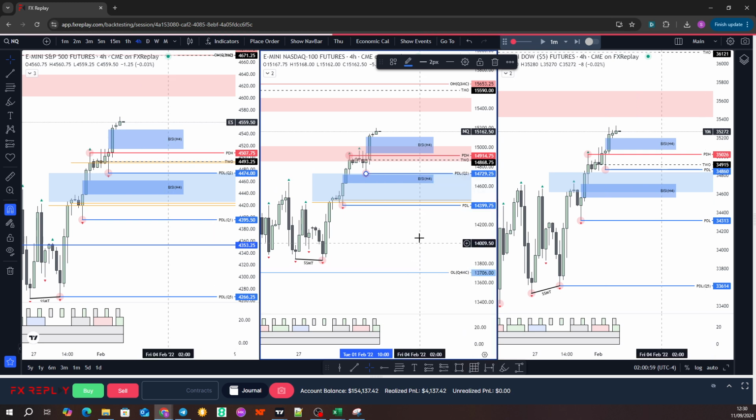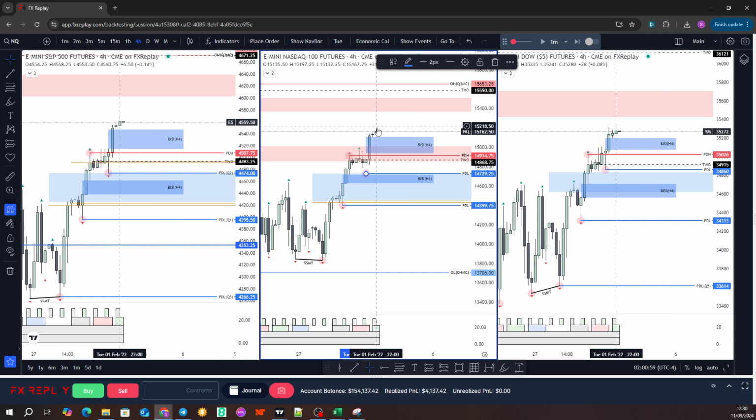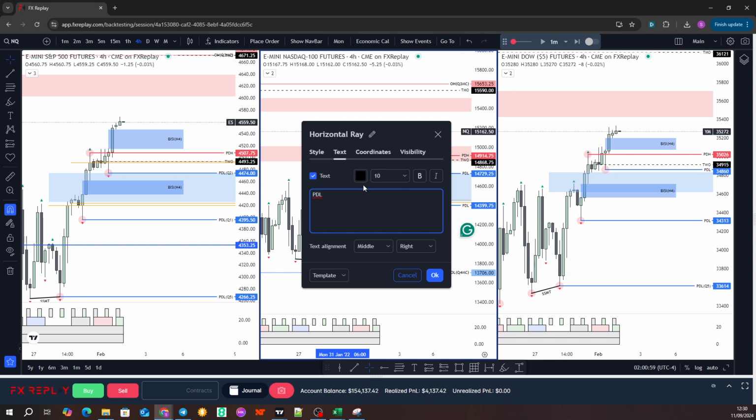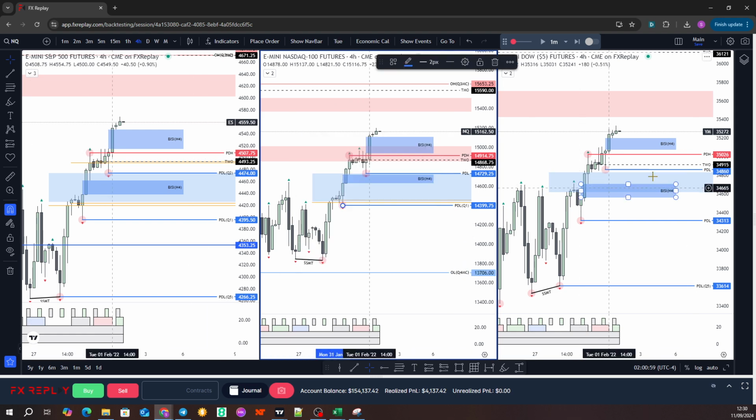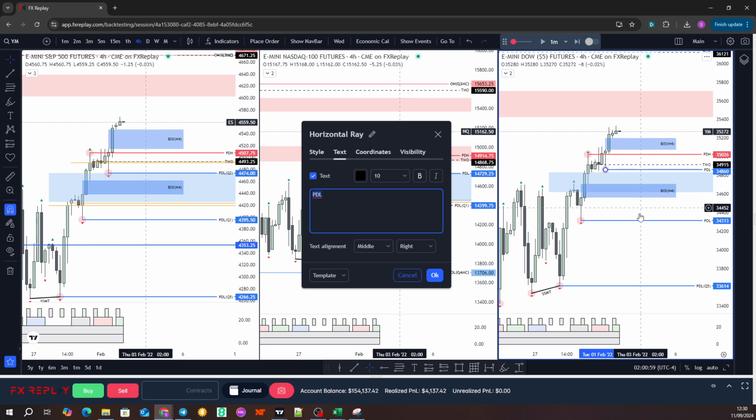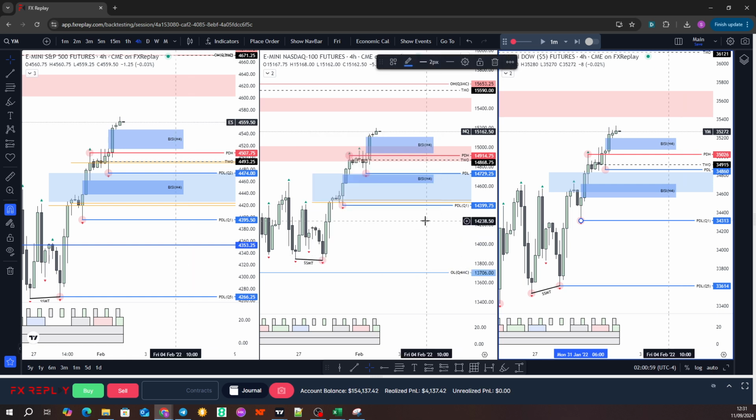That's the previous day's low. No clear high. And this is just Q1. And not that one. Okay. Right.